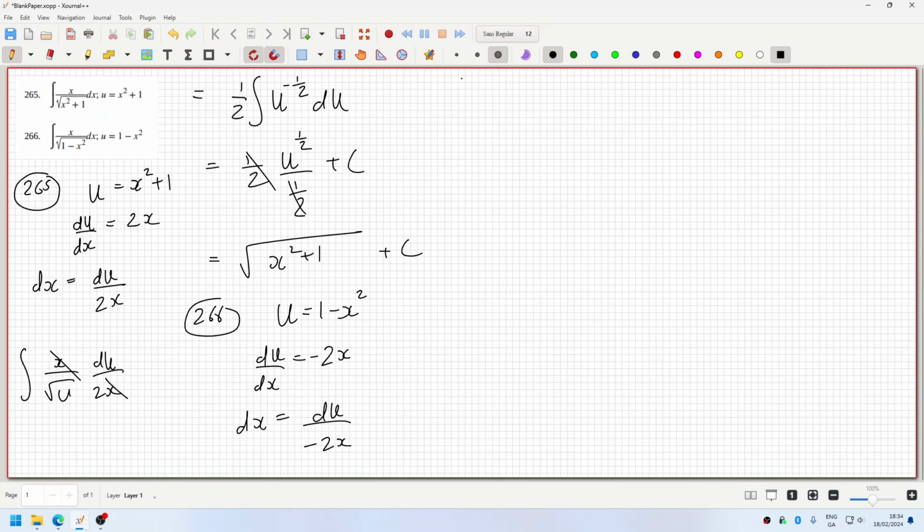So the integration now becomes x over root u, and dx is du over minus 2x. The x's cancel. So that's minus a half integration of u power minus a half du.